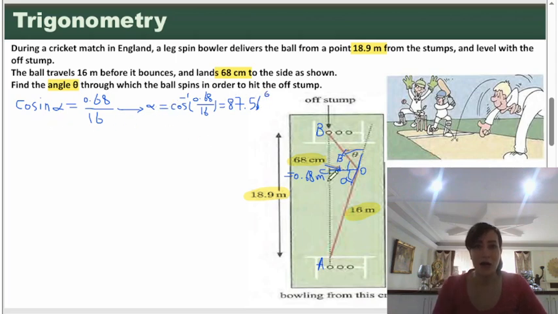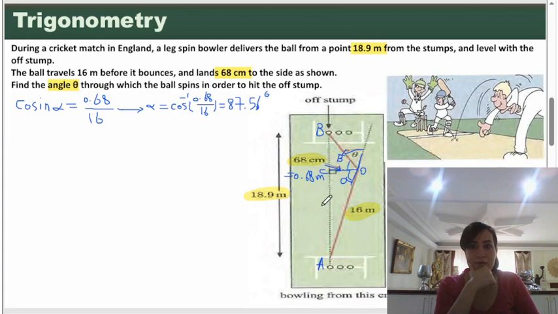Now I have found alpha here. I have to go and find beta. But for beta, I only have the length of this side. I don't have the hypotenuse, and I don't have the length of the opposite side of beta. So I look here.